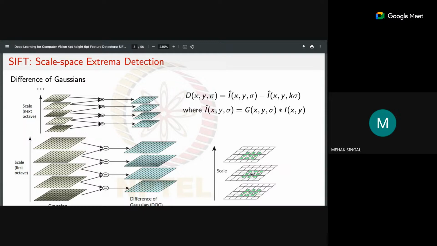No, not k sigma. You're writing it as sigma, right? In the slides, it is given. You are writing your D x y sigma as your original Gaussian filter, and then you're scaling the standard deviation of your Gaussian filter and calculating the difference between the two filtered images. Correct? Correct. That is your output at this step, D of x y sigma.